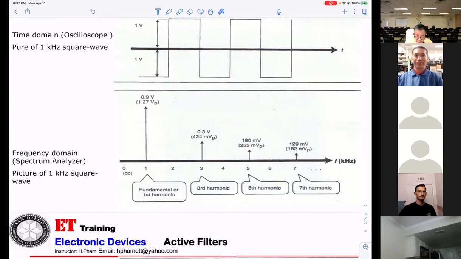Then you take the frequency at the 5th harmonic minus the frequency at 1, and you get the bandwidth. Basically, to calculate the bandwidth for the square wave, you will be using the spectrum analyzer.